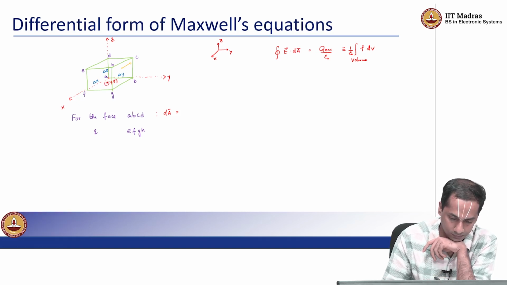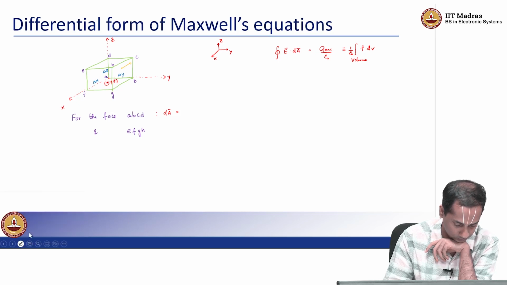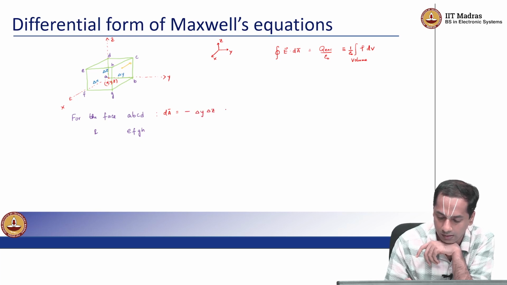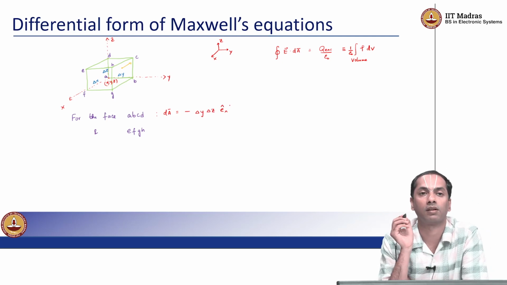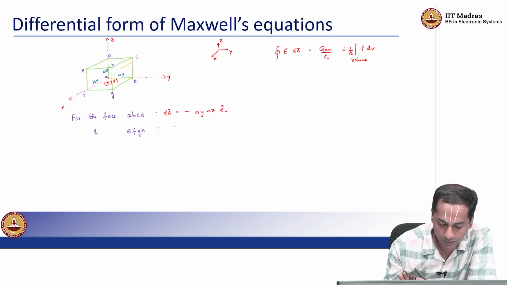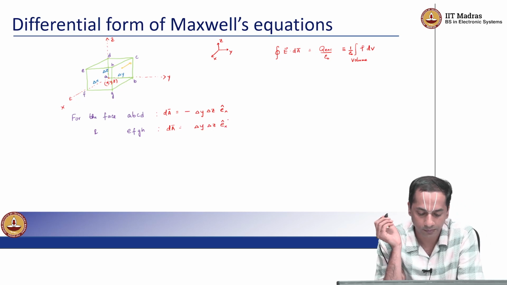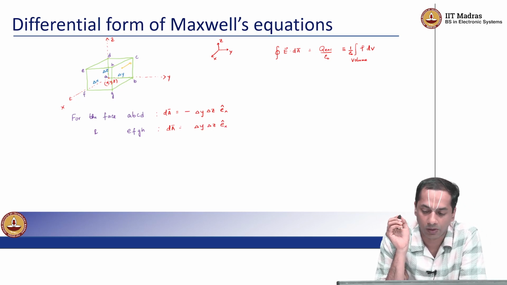So for ABCD, dA is minus delta y delta z x cap, and for EFGH, dA is plus delta y delta z x cap.